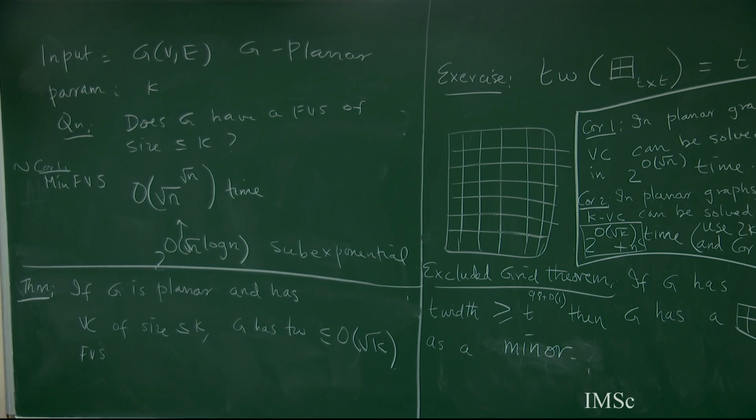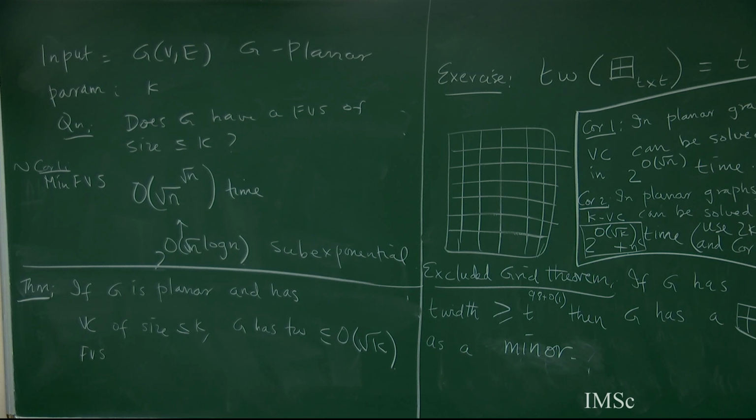Let's prove this. But if I prove this, do you see a sub-exponential FPT algorithm now for feedback vertex set, using theorem 2 and the dynamic programming we have seen?